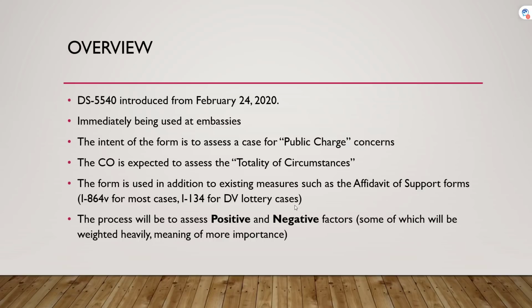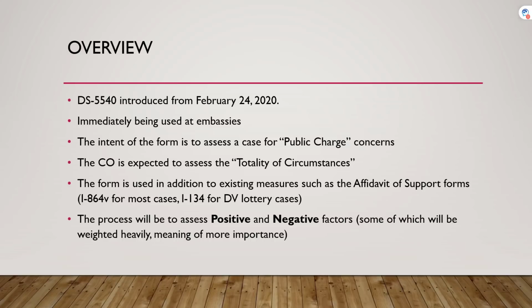So I don't know if they're using a point system to score this, but you might, for example, let's say a positive factor was 1 point positive for you, but a heavily weighted factor might be 3 points for you. So the heavily weighted factors outweigh the other factors which are not heavily weighted. So that's just an explanation of what that means.